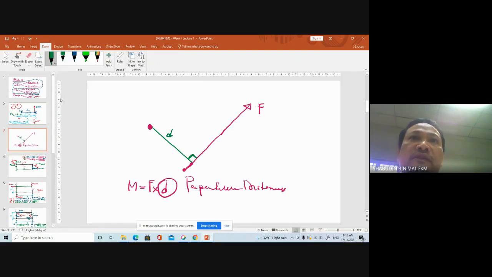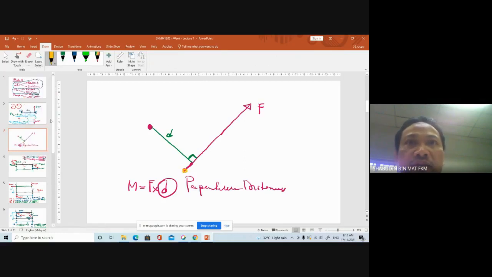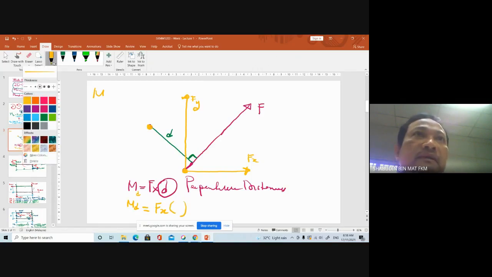If you are not given d, that's why what we did in the class yesterday, we resolved the force into F in X and F in Y. So when taking moment at point D, moment at point D equals force X multiplied by the perpendicular distance from there to that force.